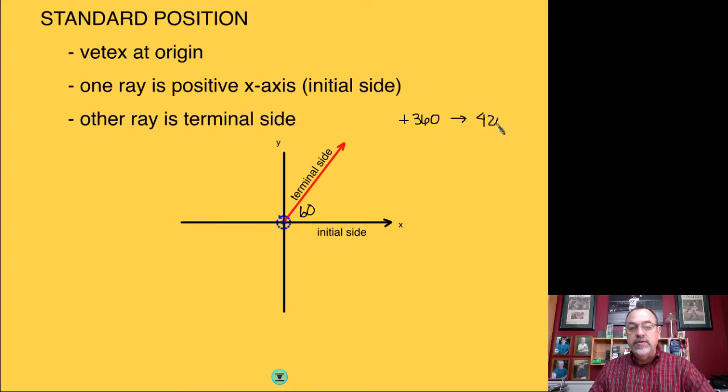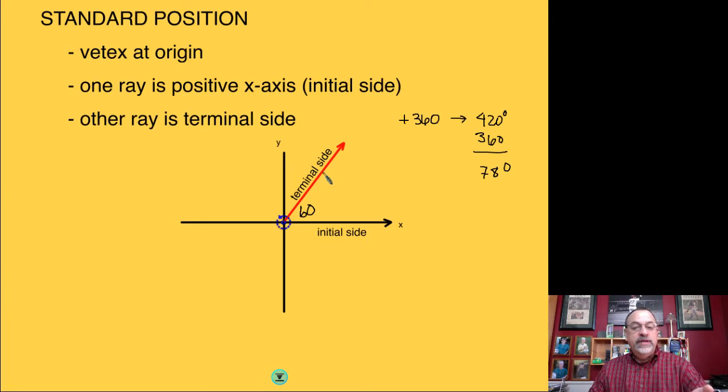So a 420-degree angle is coterminal with a 60-degree angle. And then, because it's a circle and periodic, if I added an additional 360 to this, I would have another coterminal angle. So 780 degrees is also coterminal with 60. And actually, I could do this an infinite number of times, because every time I go around the circle an additional 360 degrees, I have an angle that's coterminal.